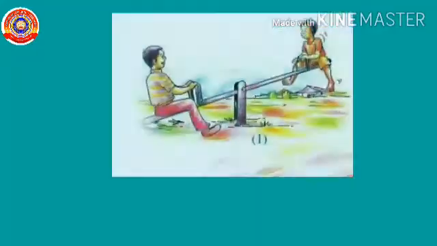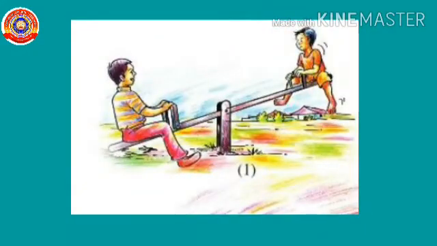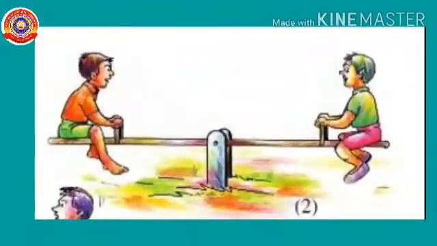turns. In the first seesaw, the bigger boy sits near to the hinge on which the seesaw turns, but the smaller boy sits away from the hinge. In the second seesaw, two children sit at equal distance from the hinge on which the seesaw turns.